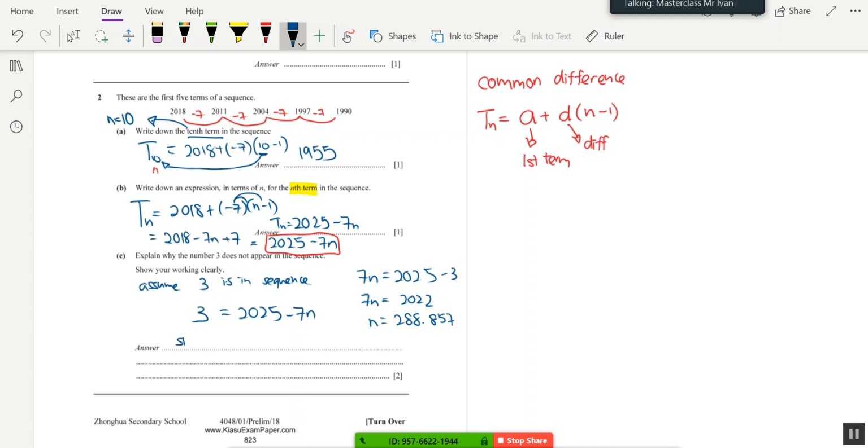So right now, since n is not a whole number, or integer, because if your answer works, if 3 is in the sequence, n will give you a whole number. Since n is not an integer, 3 does not appear.